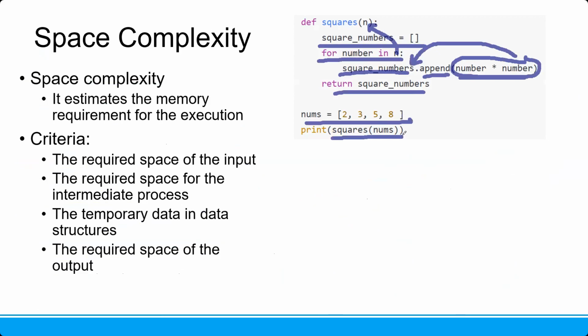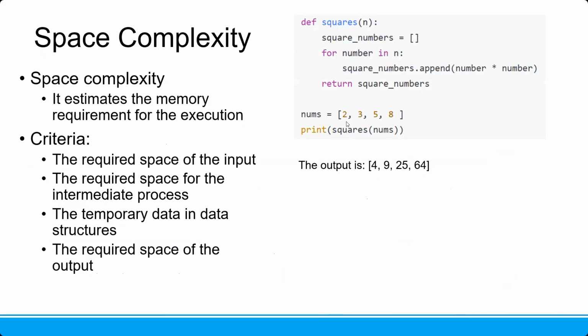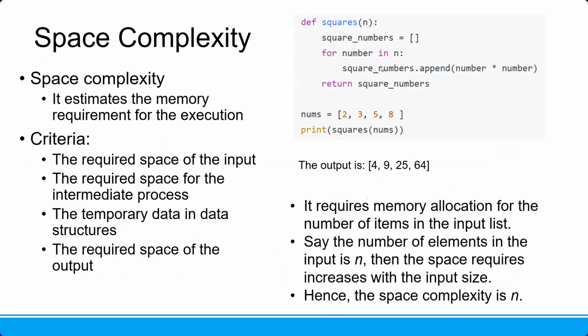what is the space complexity? The output is 4, 9, 25, and it requires memory allocation for the number of items in the input. So if the input is 4 items, I will also get 4 outputs.